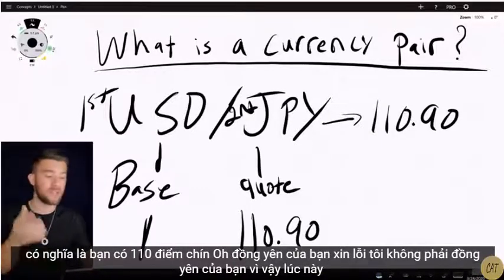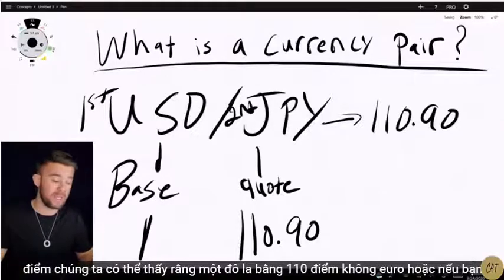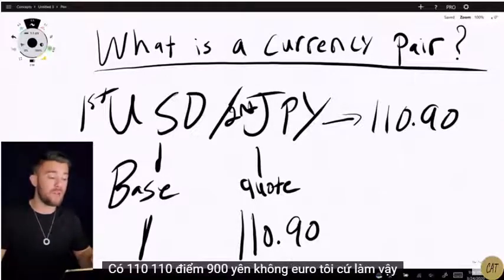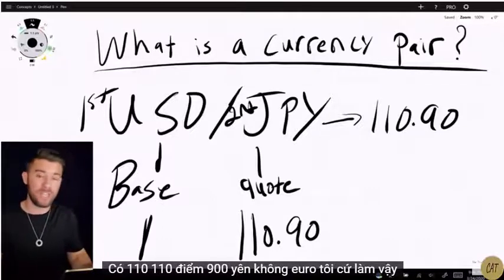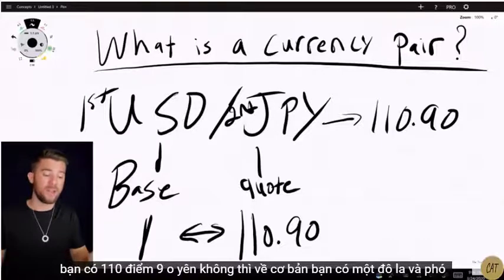Excuse me, not euros. Yen. So at this point, we can see that $1 is equal to 110.90 yen, or if you have 110.90 yen, then you essentially have $1 and vice versa.